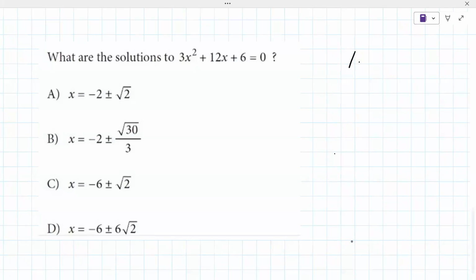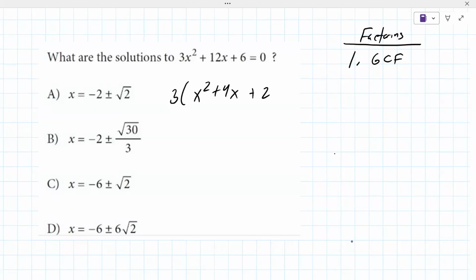Do you remember the very first type of factoring that you were always supposed to do first before any other type of factoring? GCF. So sometimes you get a problem like this that looks like it's quadratic formula, but it's got a GCF in there. 3x squared plus 4x plus 2 equals 0.